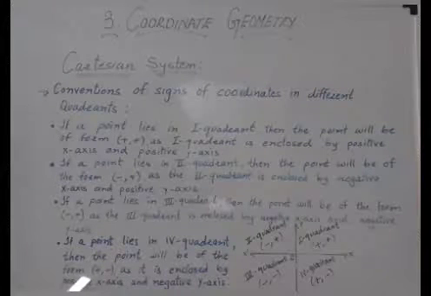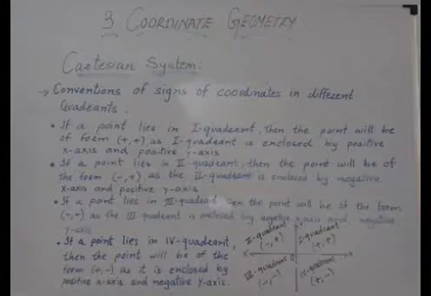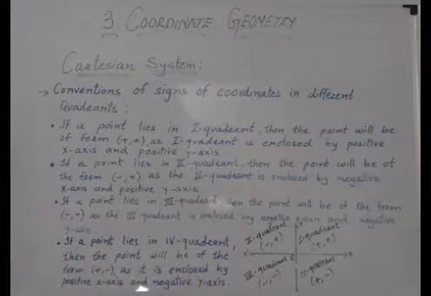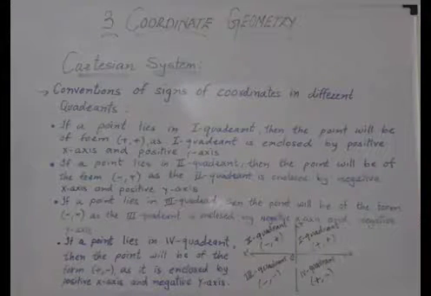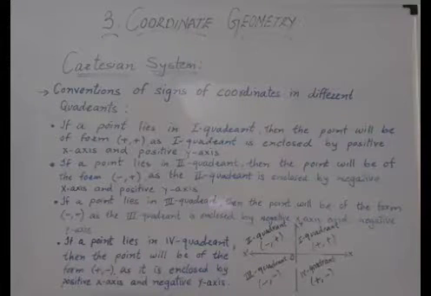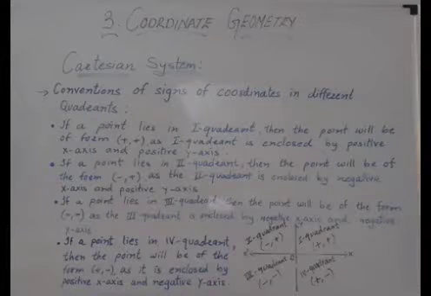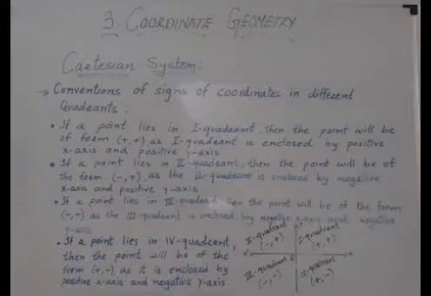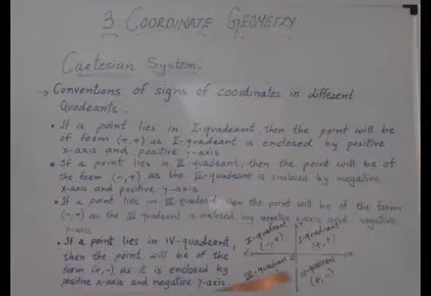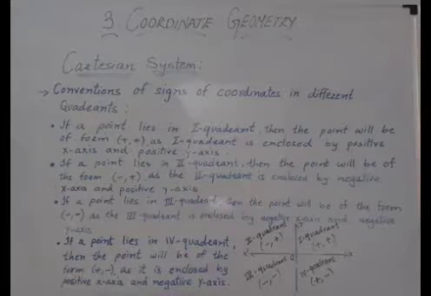as it is enclosed by the positive x-axis and negative y-axis. So in the fourth quadrant, the last quadrant, the value of the abscissa is positive and the value of the ordinate is negative, because here the x-axis is in the positive direction only and the y-axis has the negative direction only.